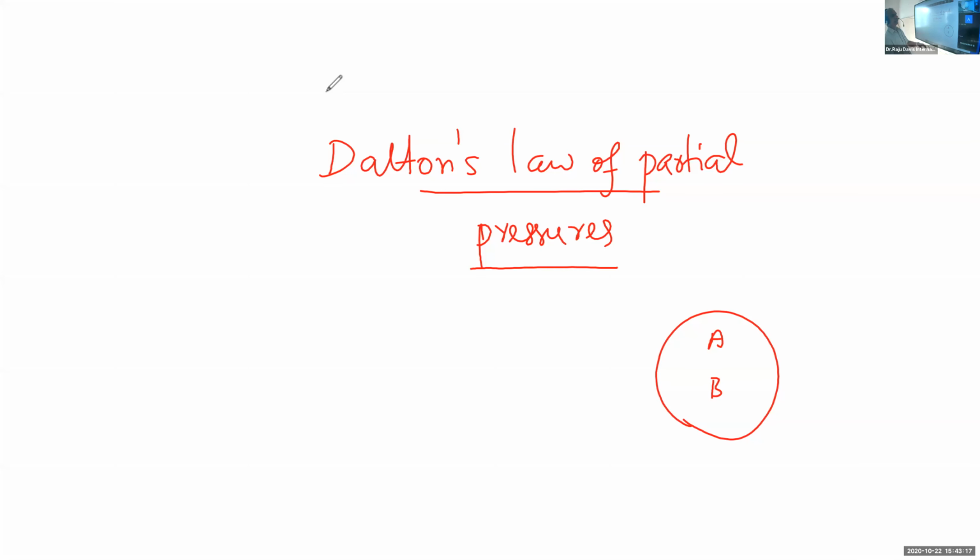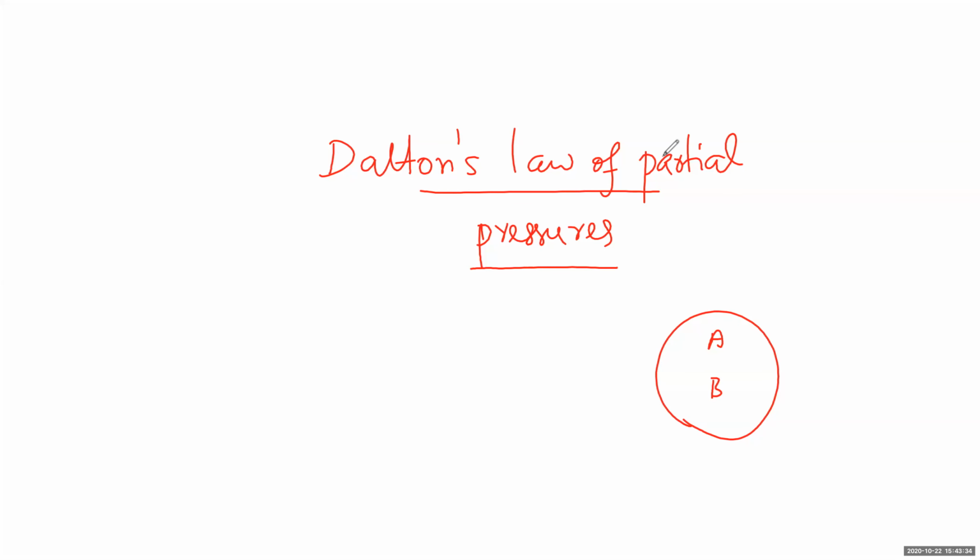The pressure due to this gas mixture is due to the pressure of the individual gases. The pressure due to each gas, individual gas, that is known as partial pressure.